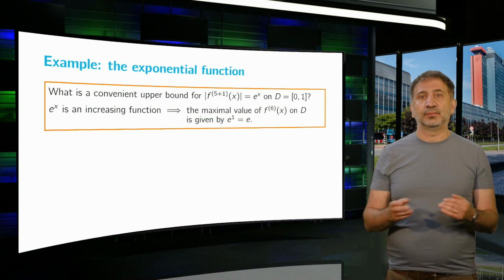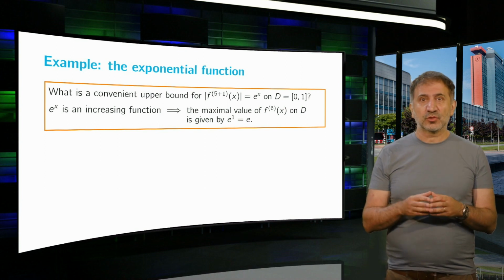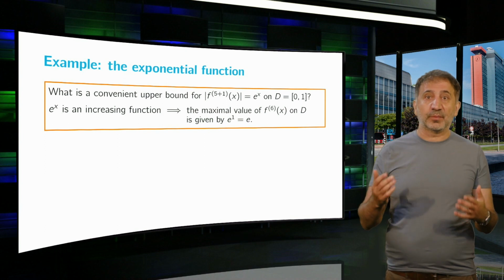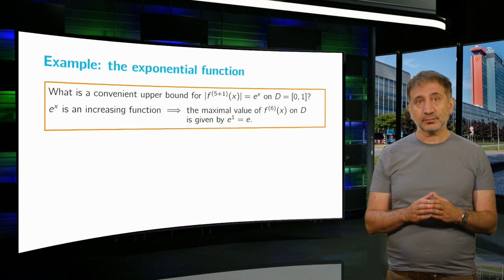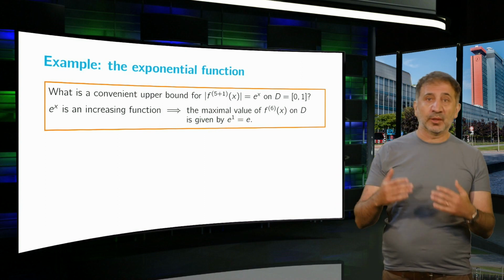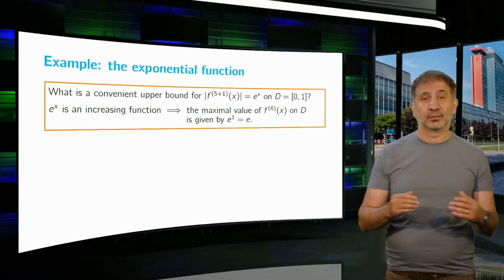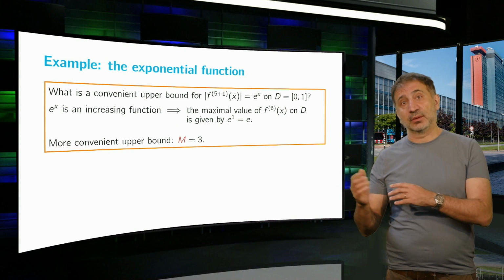But now we have a problem, because we are trying to approximate the number e itself. So e itself is not a convenient upper bound. What can we do? The idea is to take a less efficient upper bound, but one that is more convenient to work with. We will take as upper bound M is 3.